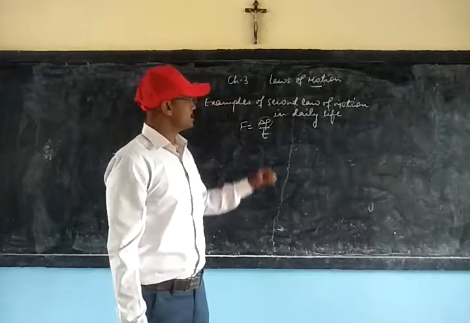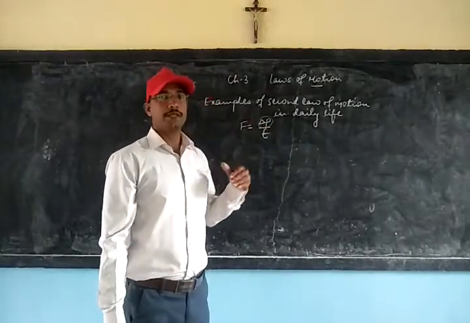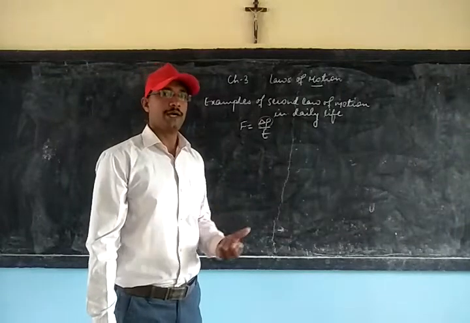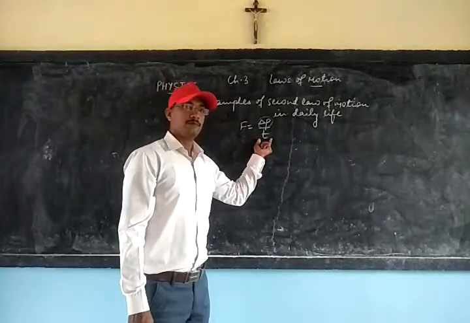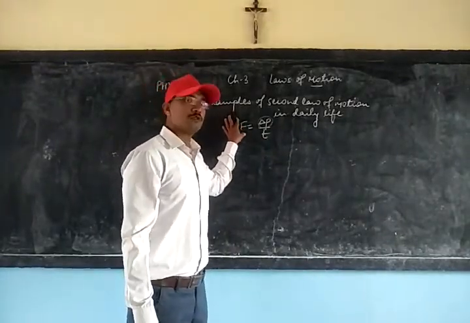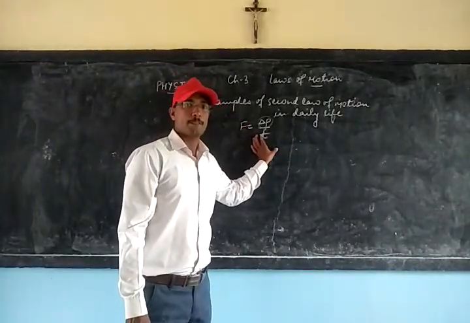Once again, change in momentum in a body can be brought about either by applying a large force for a small duration or by applying a small force for a long duration.